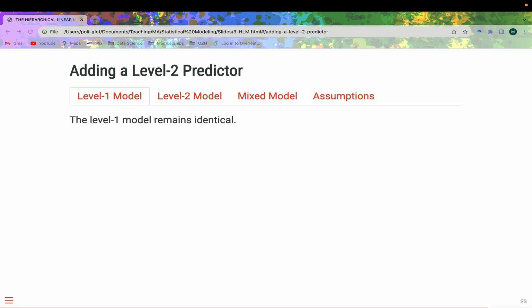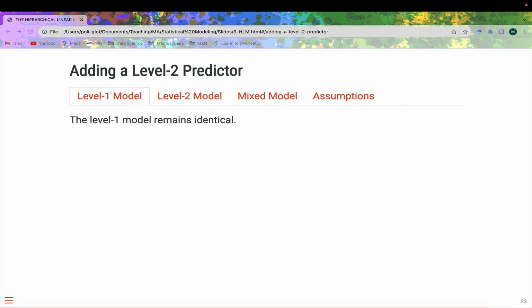Welcome back. So in this final installment of these videos on the hierarchical linear model, I want to talk about actually adding an explanation for the variation in intercepts and potentially also slopes. So we're going to add a level 2 predictor.